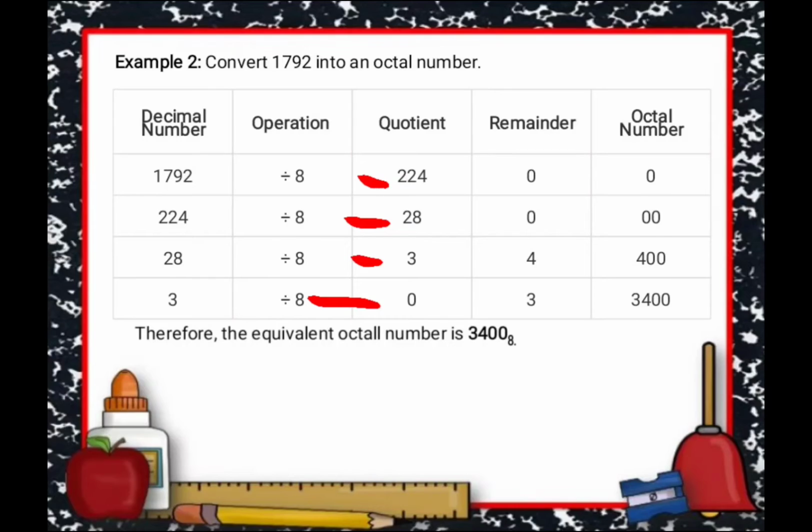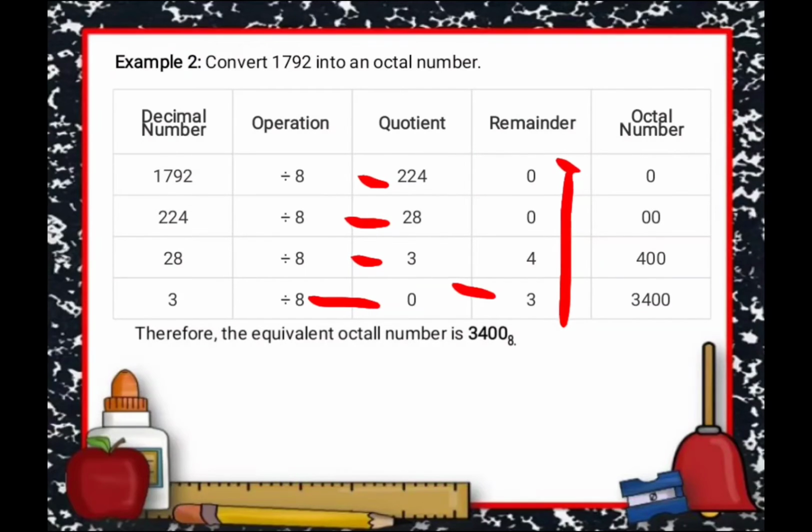So as you can see, the equivalent octal number of 1792 decimal number is 3400. So as I've told you earlier, we come up with this equivalent of conversion because we get that number from the remainder, which we listed from bottom to top.